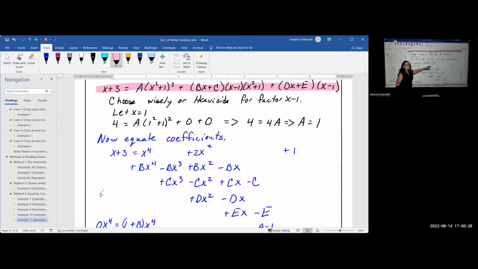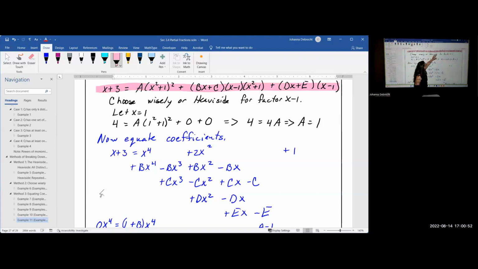I create one row for each multiplication term that I have. So I had x squared plus 1 quantity squared. And then of course I knew that A was 1, so I could omit the A. That gives me x to the 4th plus 2x squared plus 1, which is way spread out because I'm leaving room for the terms in between.